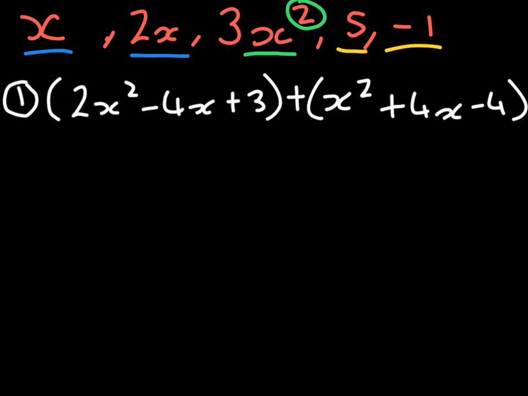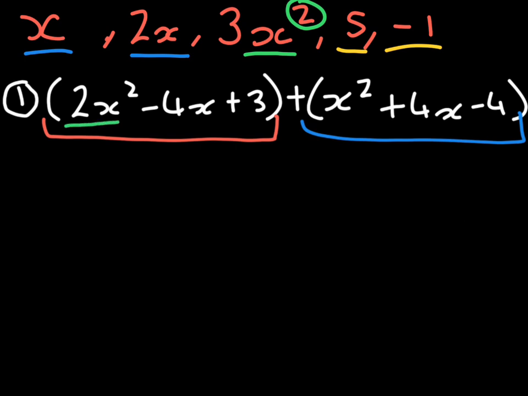For question 1, we've got one set of parentheses, and we are adding that to another set of parentheses. So once again, we are going to be needing to look out for like terms. So let's start with the first term in the first set of parentheses, 2x squared. And we have a look at the next set and we see that there is an x squared.